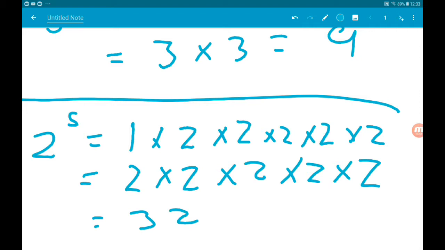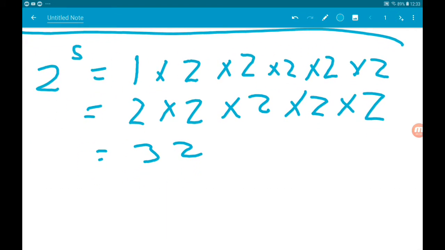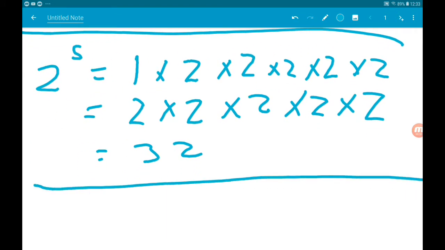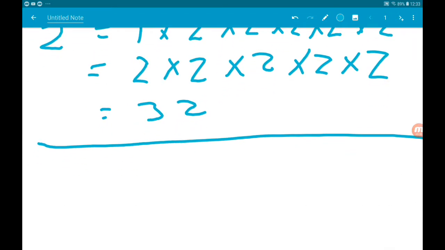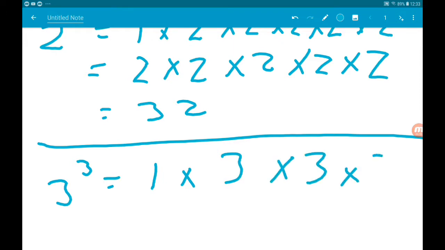Okay, one more. Let's do 3 to the power of 3. So that means 1 multiplied by 3 times. So 1 times 3 times 3 times 3, which is just 3 times 3 times 3.